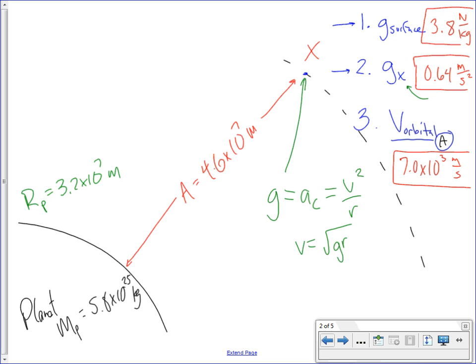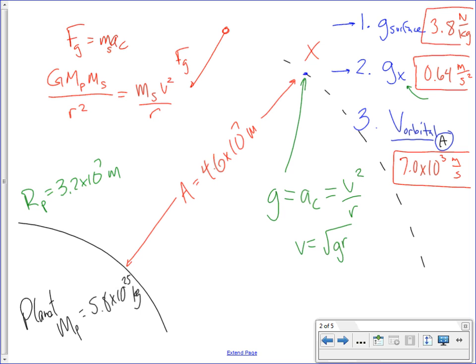Now the other way to do that is to say, well, what if I actually had a little satellite there orbiting? If we did a free body diagram and said, here's its gravitational force, the centripetal force, we could say that Fg is m a c, where m is the mass of the satellite. And Fg would be G, mass of the planet, mass of the satellite, over the square of their separation, equals mass of the satellite, v squared over r.